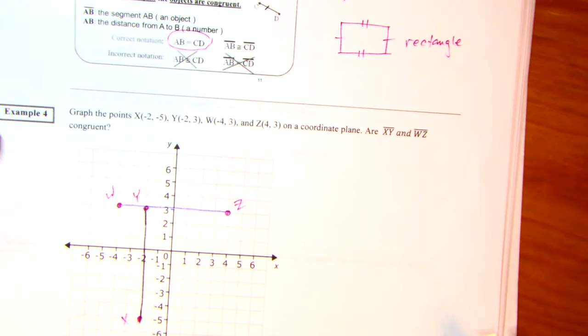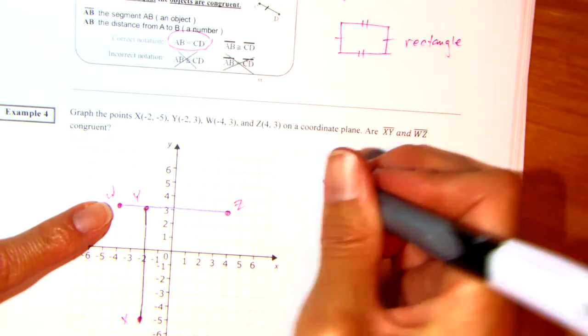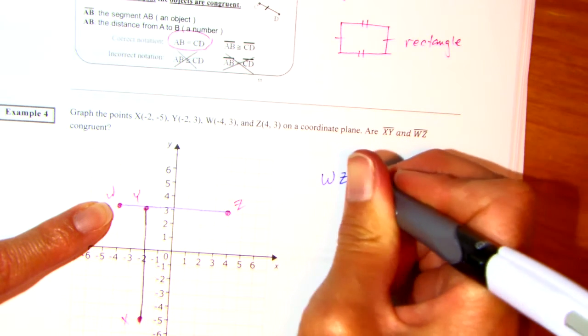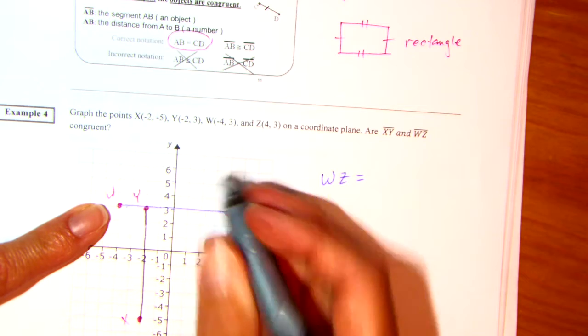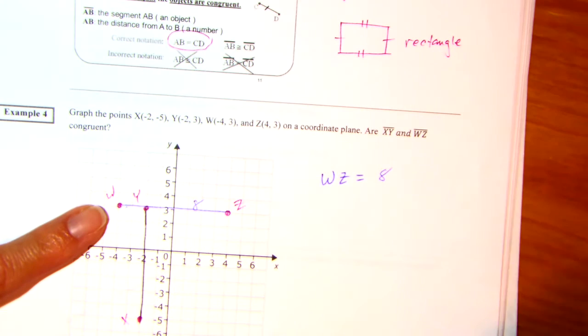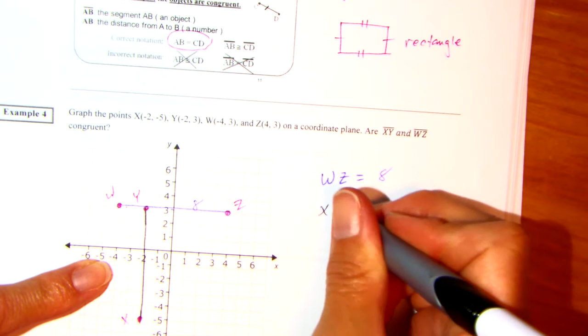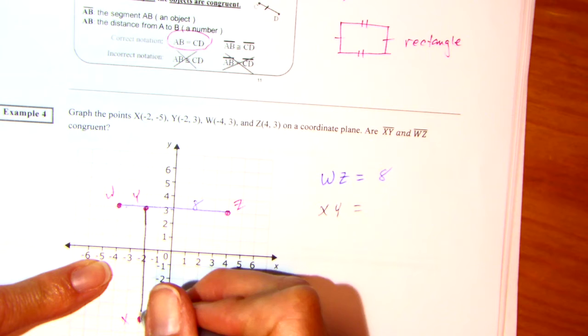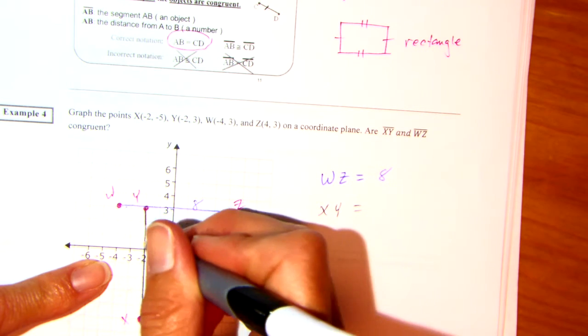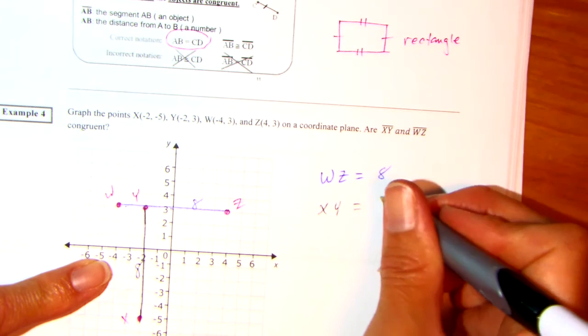this segment. Well, let's find the length. So wz is equal to 1, 2, 3, 4, 5, 6, 7, 8. And xy is equal to 1, 2, 3, 4, oops, I miscounted. 1, 2, 3, 4, 5, 6, 7, 8 is equal to 8.